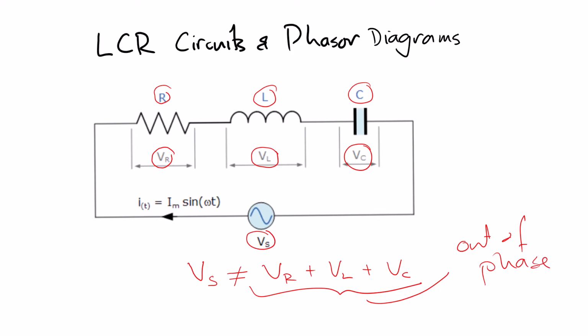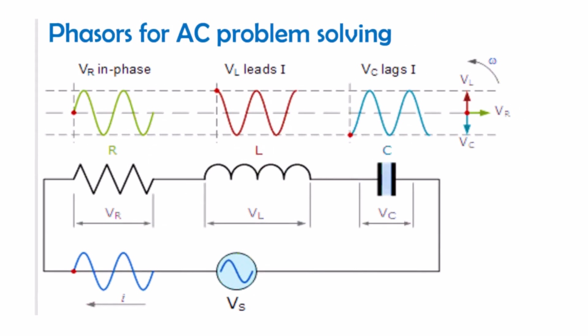So let's have a look what they may look like. Here's an example. We've got the voltage across the resistor, and you can see the voltage across the resistor is in phase with the current. That will always be the case.